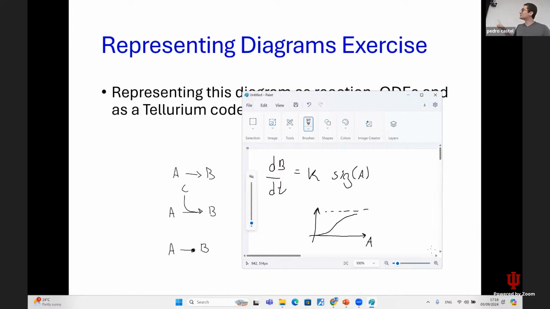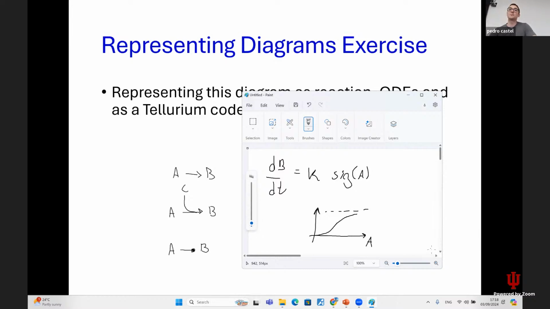Exactly how it transitions we also don't care too much. Sometimes we do, but the soul of the thing is that you have a saturation. If you keep adding more and more A, you don't speed up the reaction anymore.